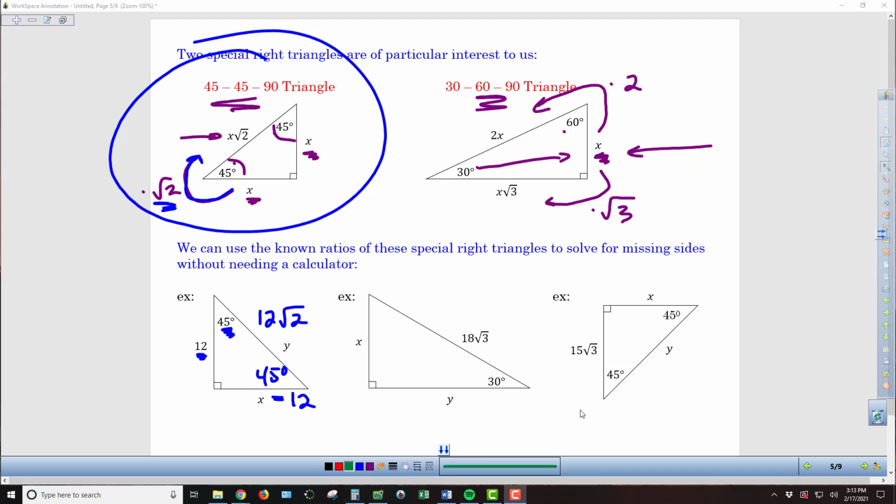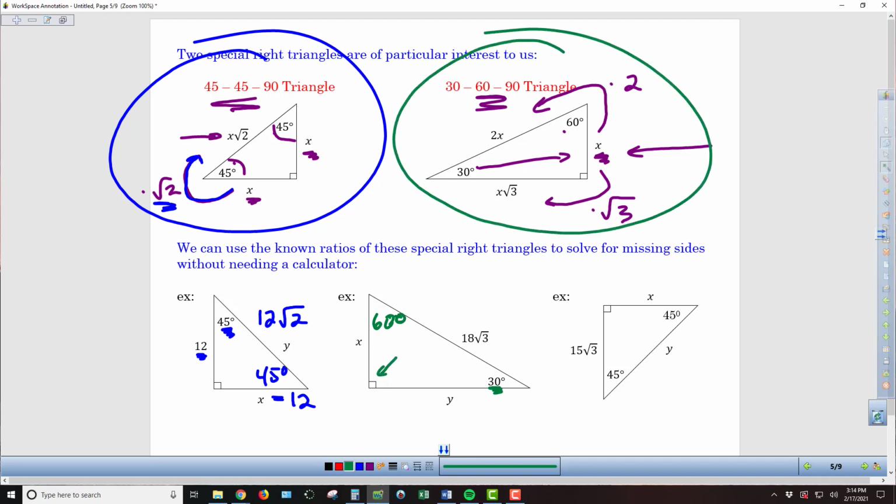For the next example, we can see that we have a 30-60-90 triangle. So we know if this angle is 30 degrees, then the other one has to be 60 since we've got a right angle there. So that means we're operating with this one right here. And so the length that we know is the hypotenuse. So we have to work back to get the short leg.